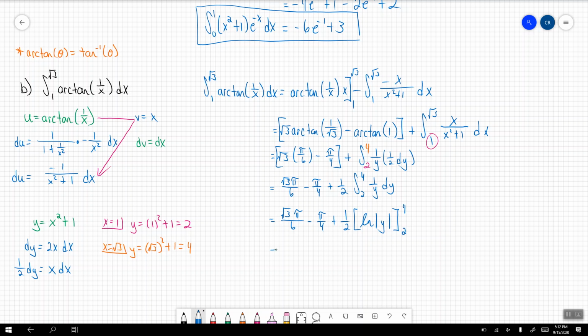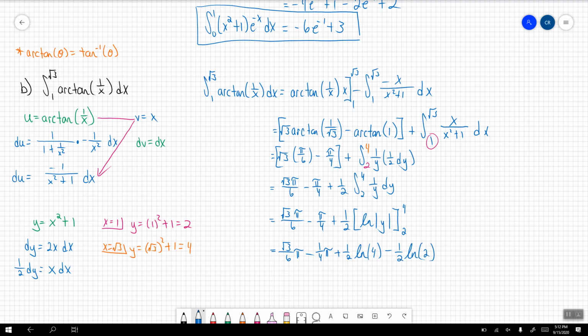We go through that substitution process. So this is then going to be 1/2 multiplied by natural log of 4 minus 1/2 multiplied by the natural log of 2, since the interval from 2 to 4 is always positive, so I can drop the absolute values.